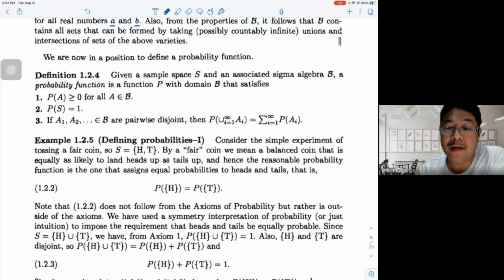That would be equal to the finite summation of the probability of A sub i from 1 up to n. So that means we have the axiom of finite additivity in that case.